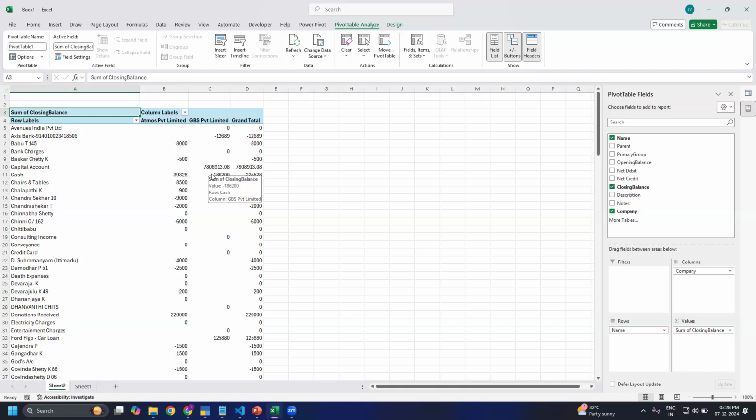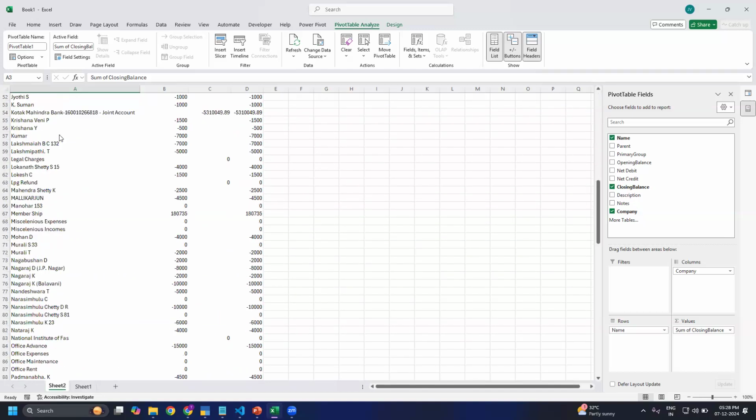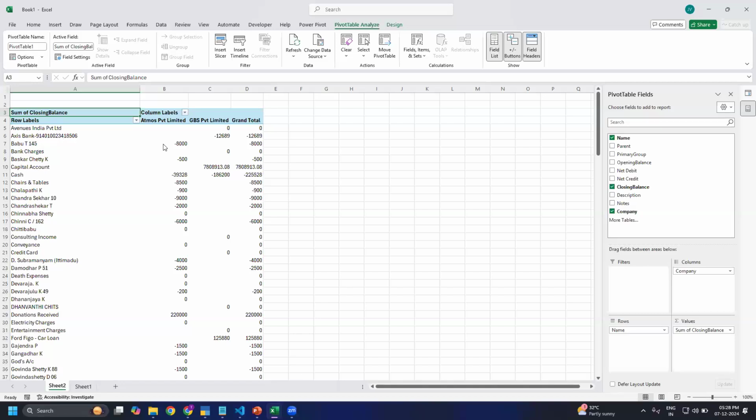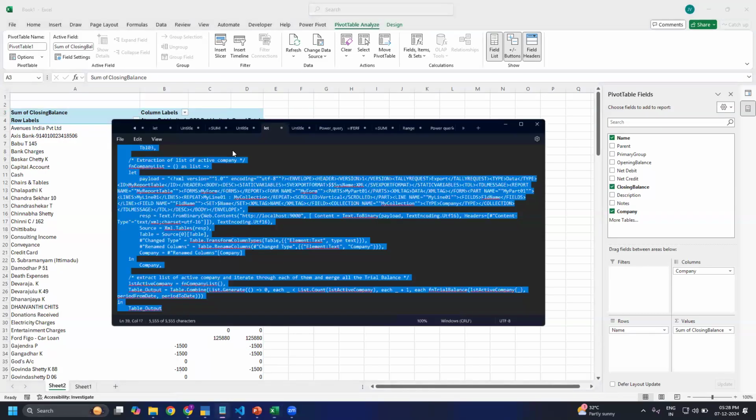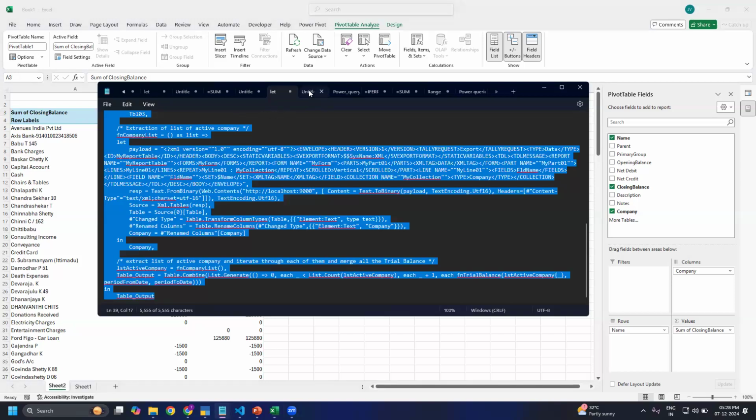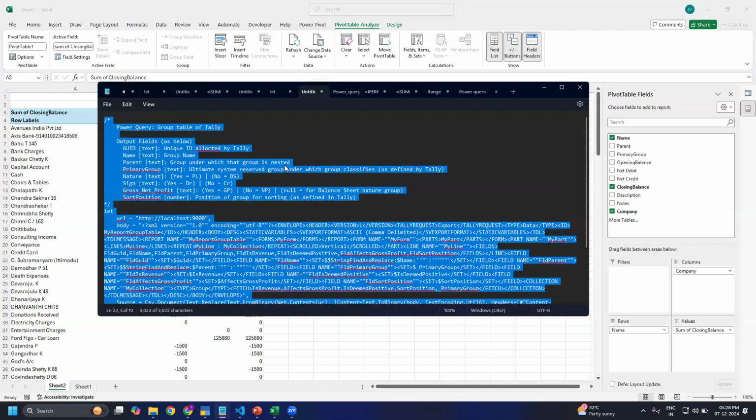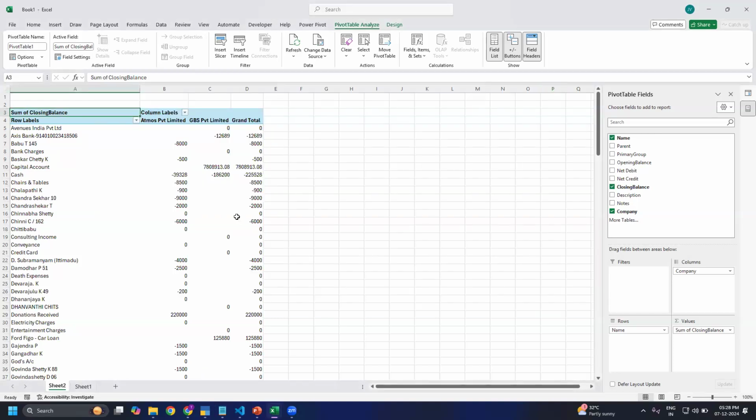Power Query which is useful for doing groups related to these ledgers. So that we have another Power Query. After getting TB, we need to group.